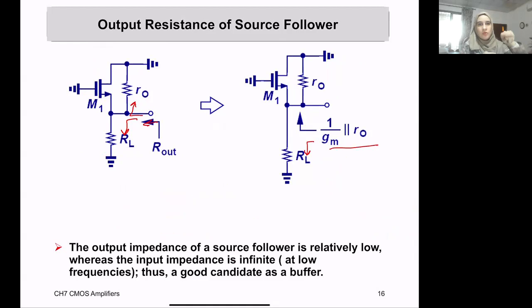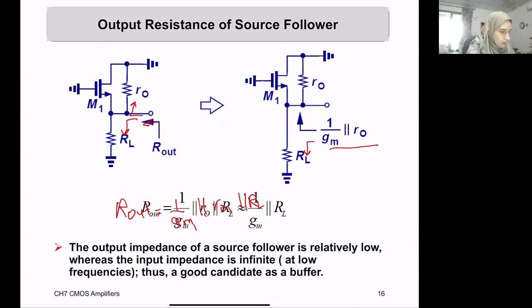Looking from this side, you find R out up in parallel with 1 over Gm, and down it's RL. So you can prove that the final output impedance will equal the parallel combination of 1 over Gm in parallel with RL. Okay, so this is the amplifier.